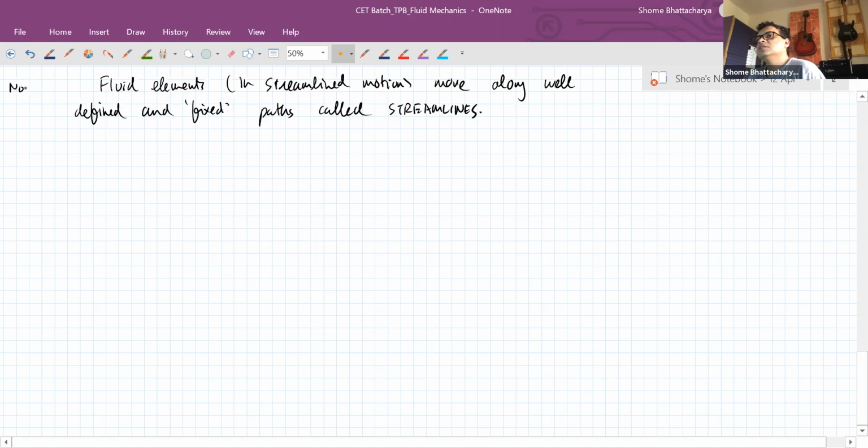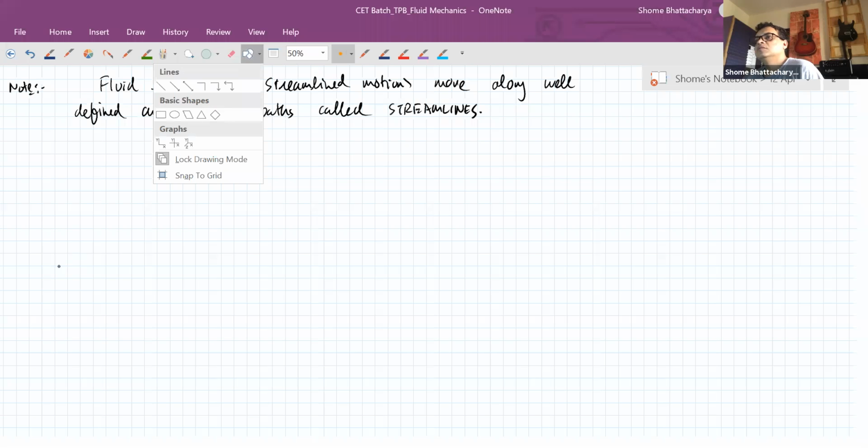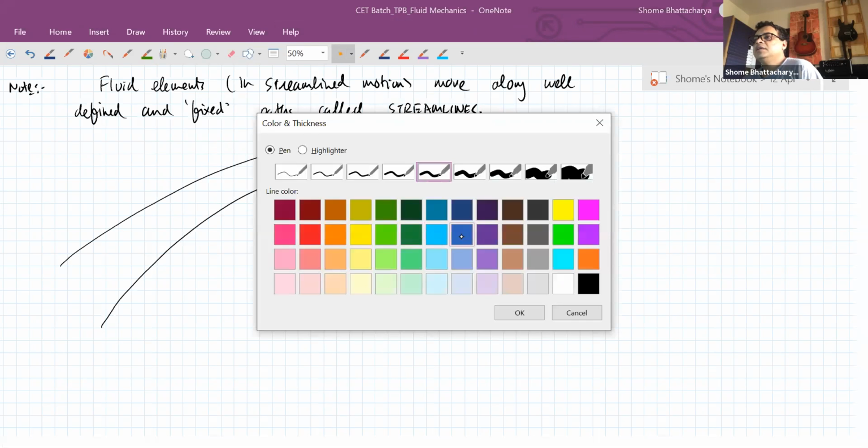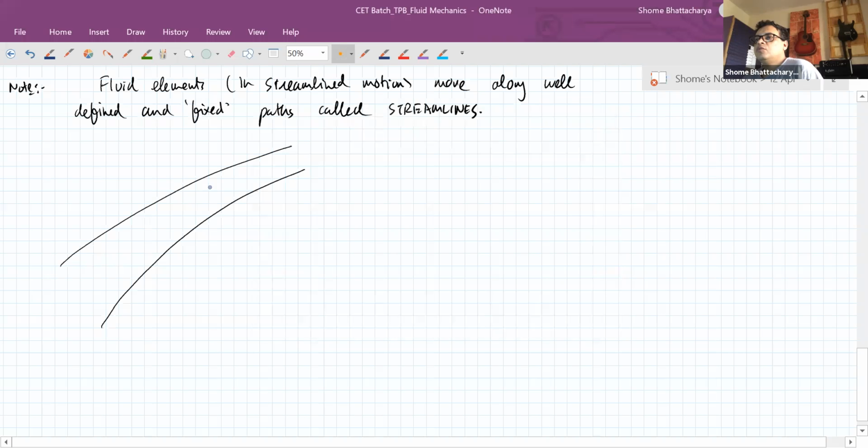So the way to understand this is that if we consider an ideal fluid in steady flow, any particular volume element is moving along a path like this, such that there's a well defined, not a zigzag kind of path.